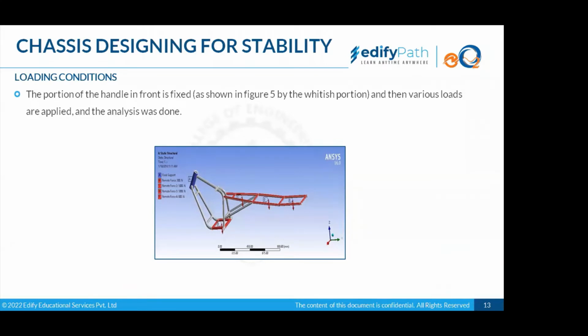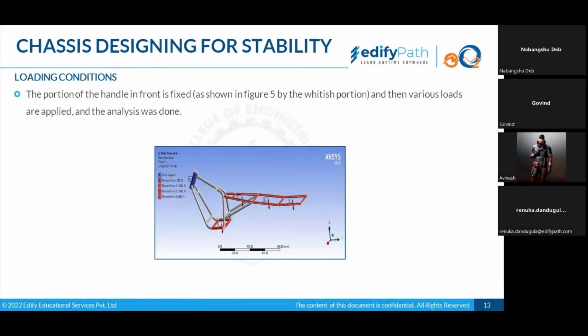So stress loading was done on the chassis, and it was found that the sensitive points you could see are: A is the front portion where the suspension will go. Then B, C, D, E are all joint parts where different things would be resting.